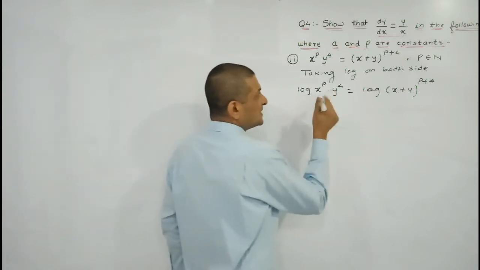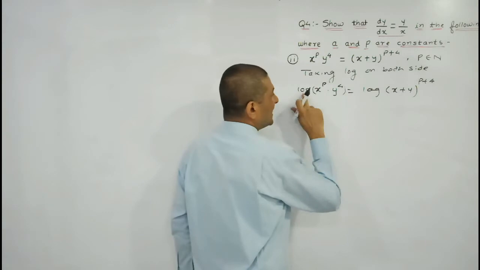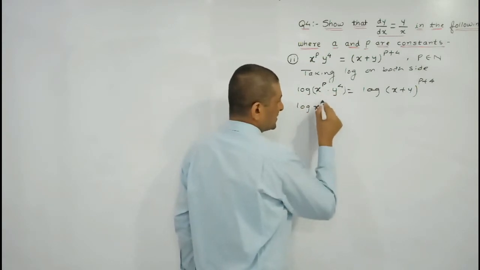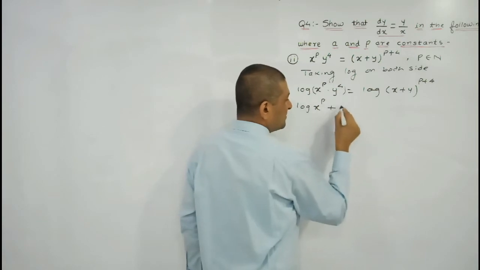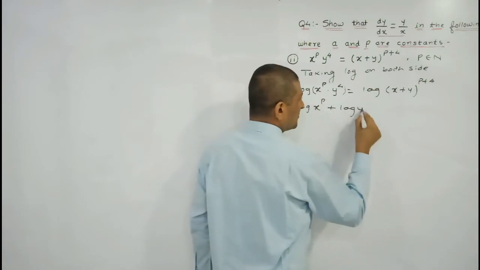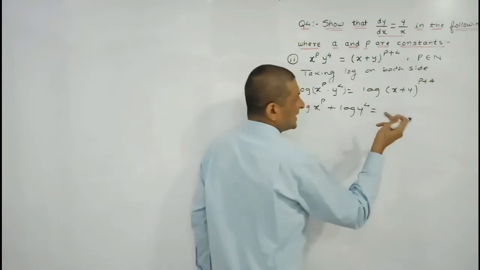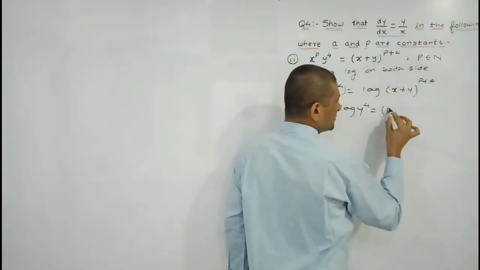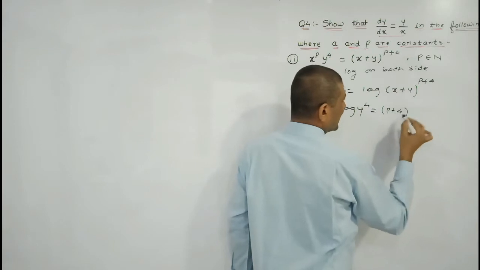The term on this side is in the form log of a into b, which can be written as log a plus log b. Here a is x raised to power p, plus log b, where b is y raised to power 4. On this side, according to the laws of logarithm, the power can be taken as a coefficient, that is, p plus 4 can be taken as a coefficient.